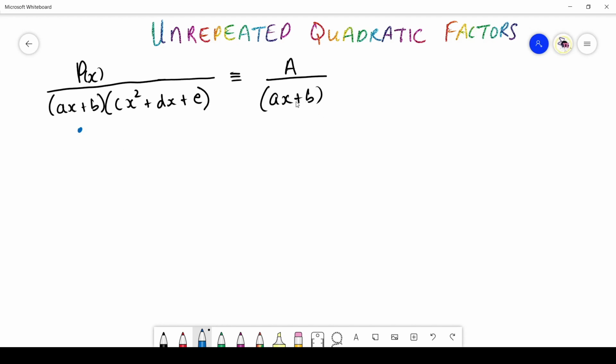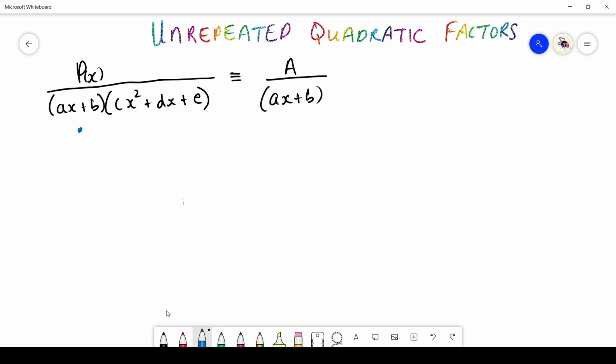So that splits into our standard a on ax plus b. Looking at our second factor, it's not repeated because the power outside the brackets is 1. However, within the bracket, you have x squared, which means we have a quadratic present. This is a case where one of your factors is no longer linear, it's quadratic.